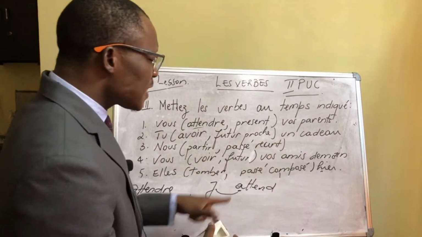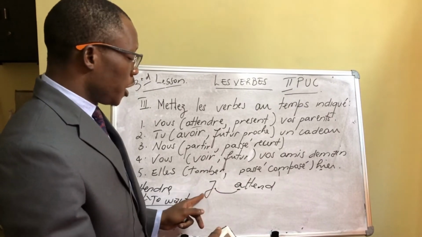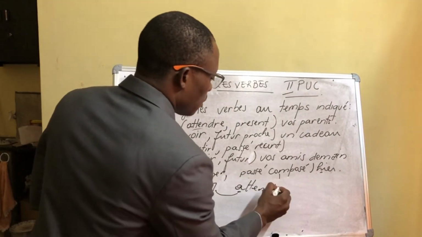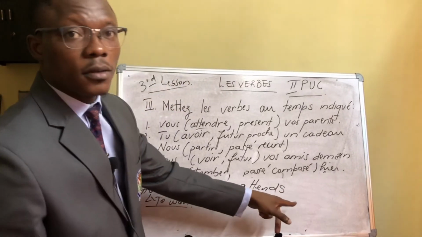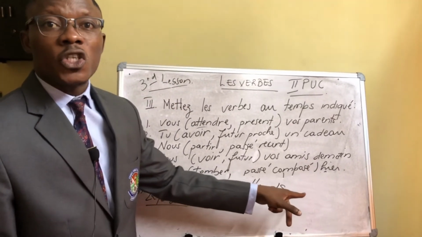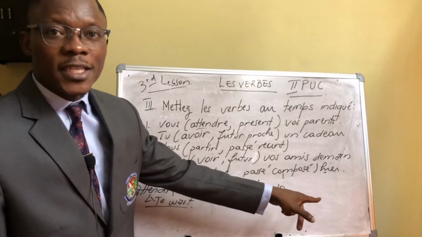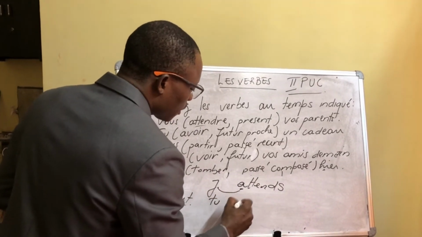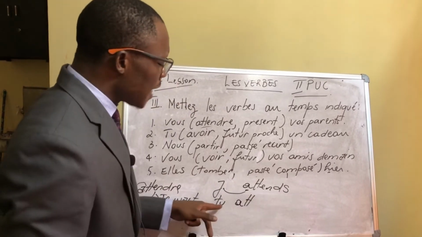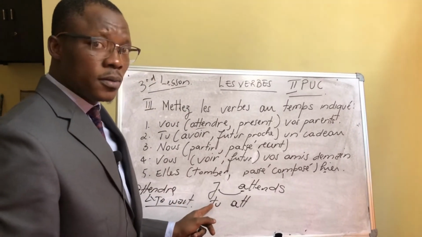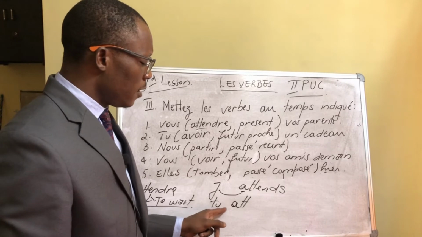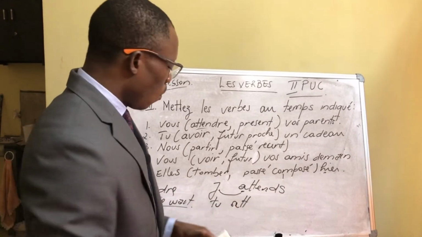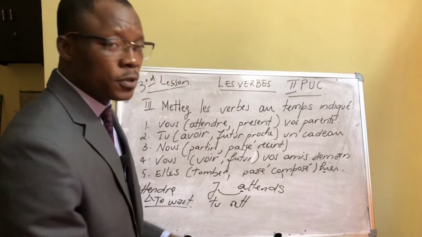J'attends. As I said, it will have S. J'attends, I'm waiting. Tu attends. But you may ask me, tu ends with U, which is a vowel, and attendre also starts with A, a vowel again. Why didn't I remove U and put an apostrophe?